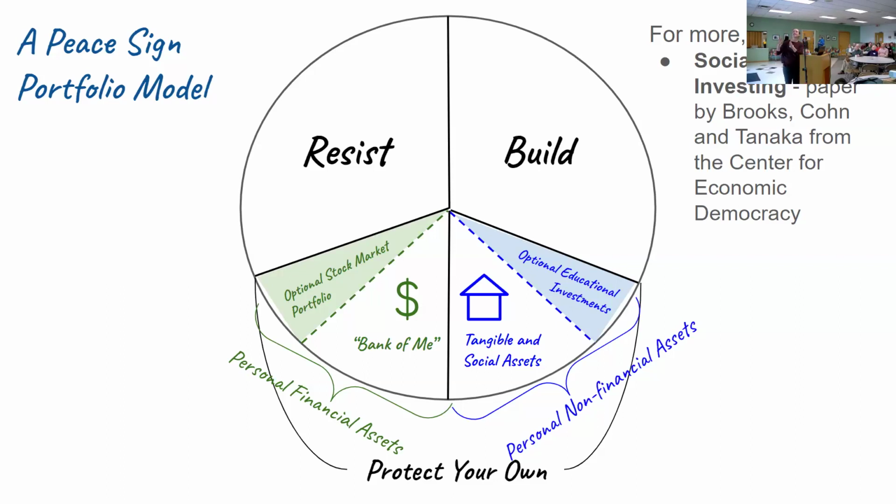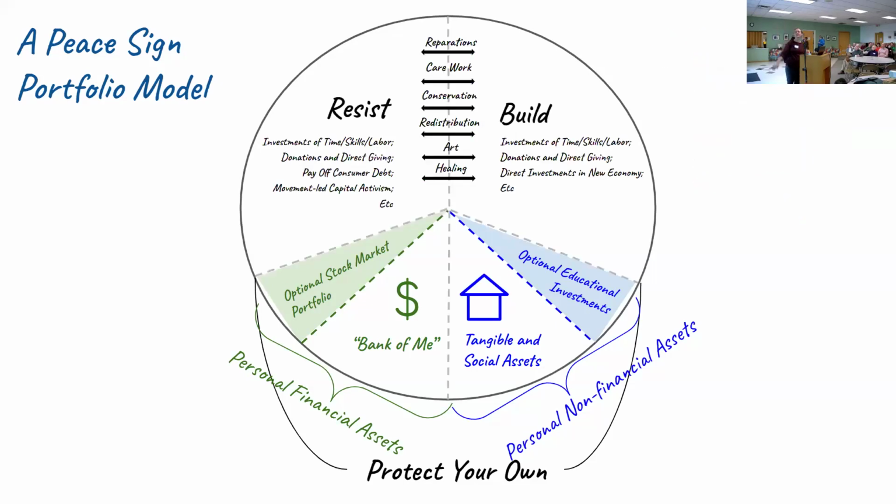So there's a lot here, and you don't have to read all the words, because I really want to offer this as something to do based on what's in your mind and in your life. But just to give a little bit of flavor to the kinds of things I'm talking about, in these sections it's less for me about financial investments, certainly less about financial investments with a financial return for me.